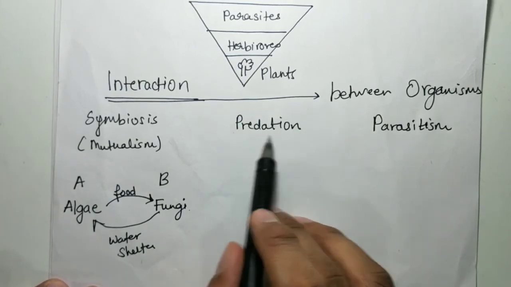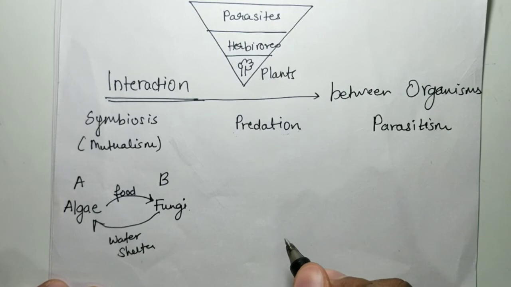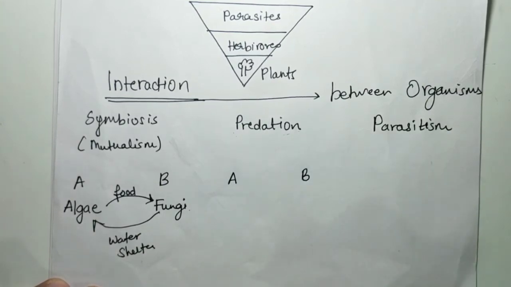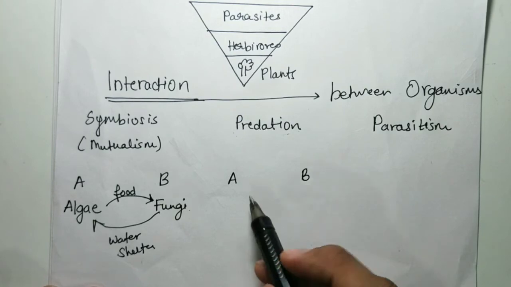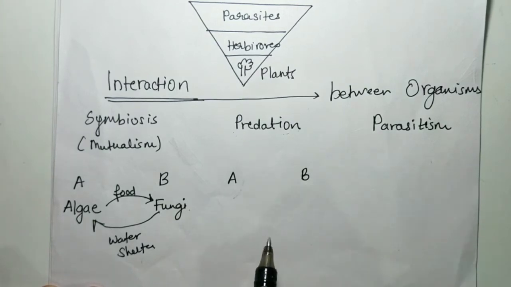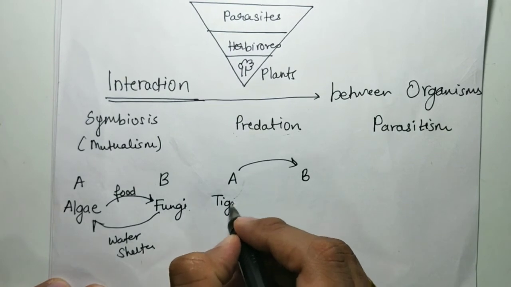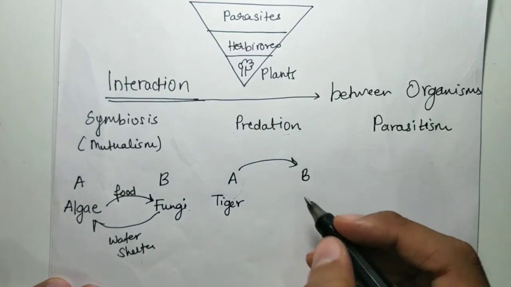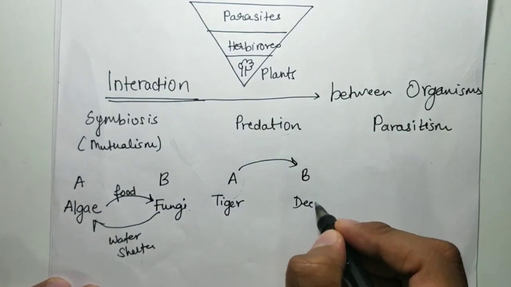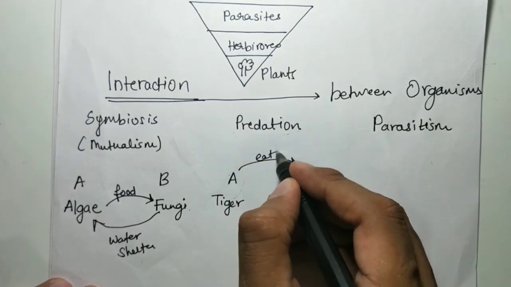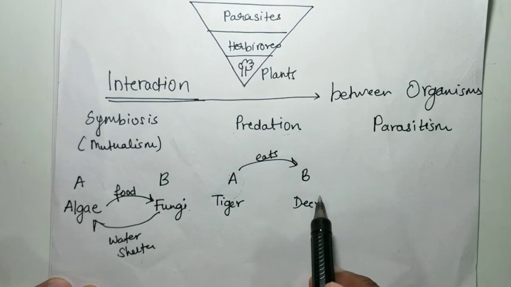Then predation. Predation means that if there is interaction between two, only one is benefiting, another is not benefiting at all. Like if there is a tiger and if there is a deer, the interaction is the tiger eats the deer.